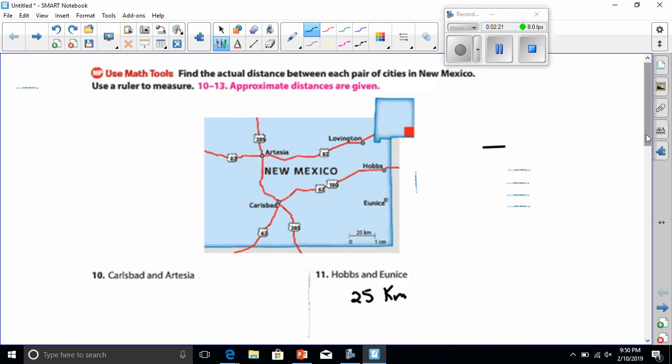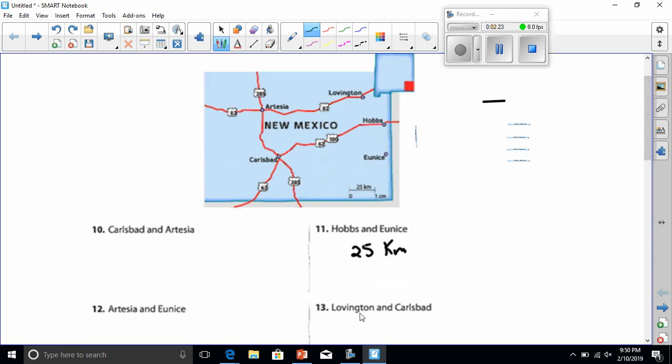Okay, the next one is saying from Lovington to Carlsbad. All right, Lovington is here. Carlsbad is way over here. So let's try to put these together here. Let's undo that. All right, so we're going to be going from, let's see, Lovington, which is up here. We'll put this one here, and we want to be able to turn it.